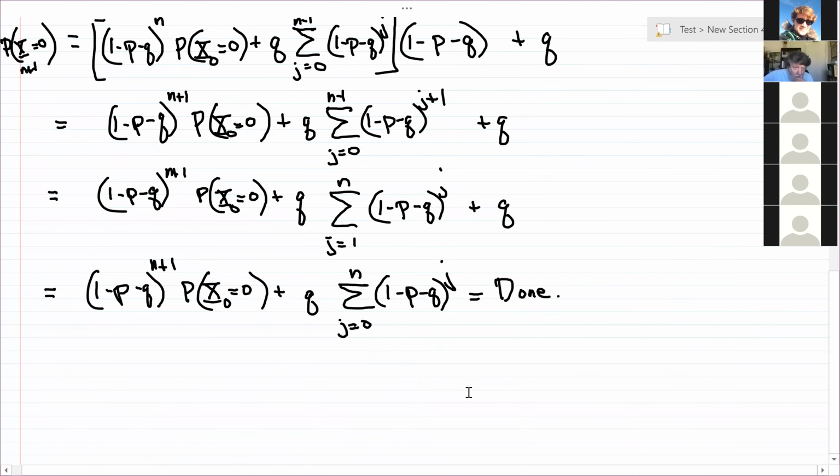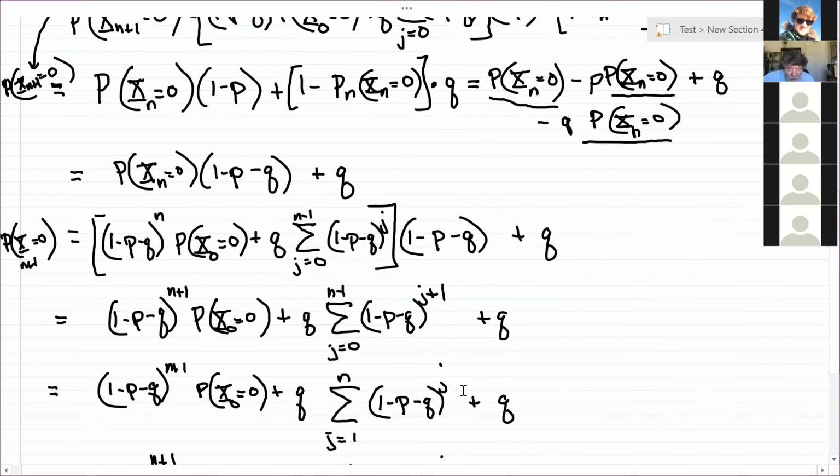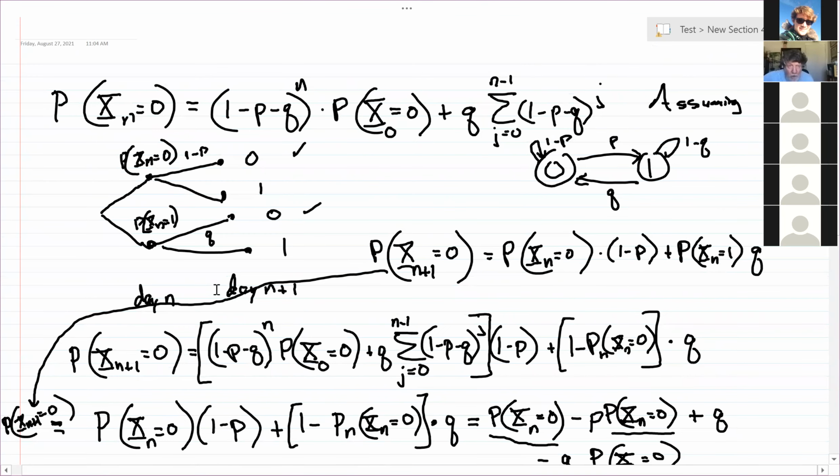Well, now we can do some stuff with this and get some interesting answers. Even now, what we have is pretty cool. Let's go back to this formula. We're able to find the probability on any day you want that the machine is broken. And it's all in terms of what? The transition probabilities, the P's and the Q's, and the probability that it was broken on day 0.